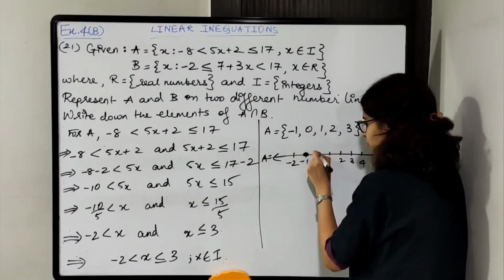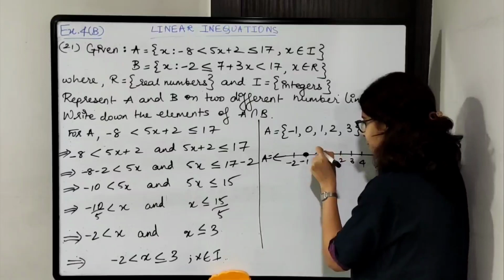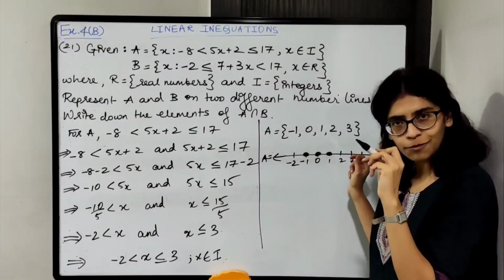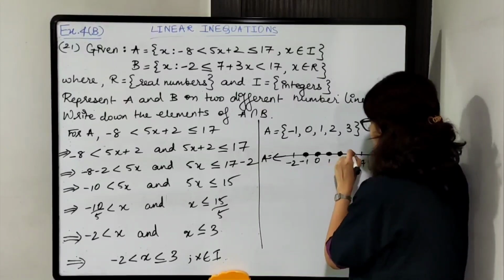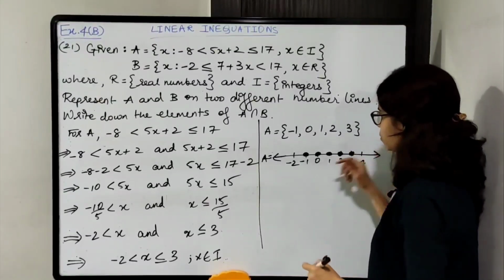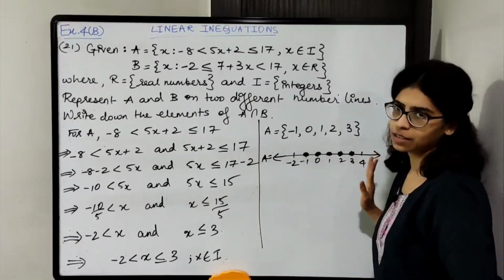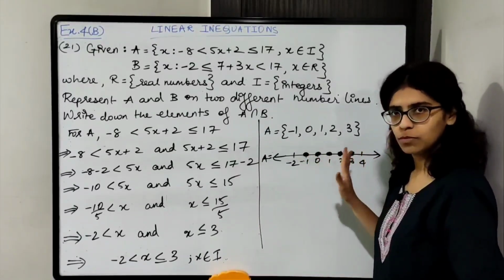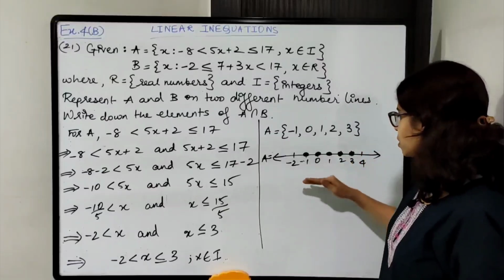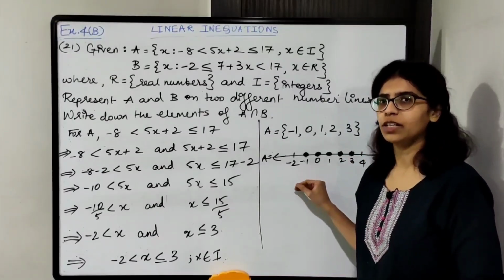Draw thick dots, that is, draw a little circle and fill it. Fill it completely dark because these are the included values. So -1, 0, 1, 2 and 3 are the values. So this is the solution. There will be nothing in between. So this is the plotting of A on the number line.